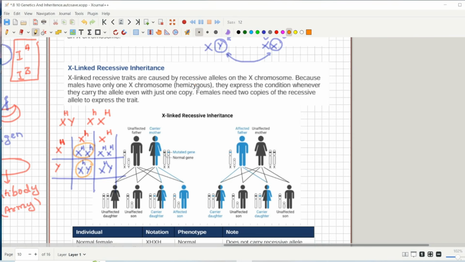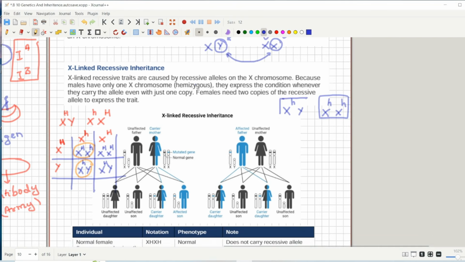So you can say that X-linked inheritance is more common in males. Why is that? Because as you can see, in a male you need only one X to have small h, then they will show the character, while in a female both X chromosomes should have the recessive trait for it to be expressed, right? So to express that trait, both X chromosomes should have the recessive trait, while in males only one X can show the trait.